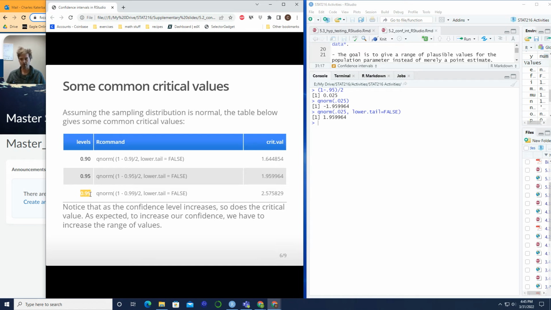So for a 99% confidence interval, this is saying that if you look 2.58 standard deviations above and below the mean, that'll encapsulate about 99% of all samples, which is quite a lot, of course. So as the confidence level increases, the critical value increases, and that will mean that, as we expected, our confidence interval will get wider and wider to create a larger range of values.